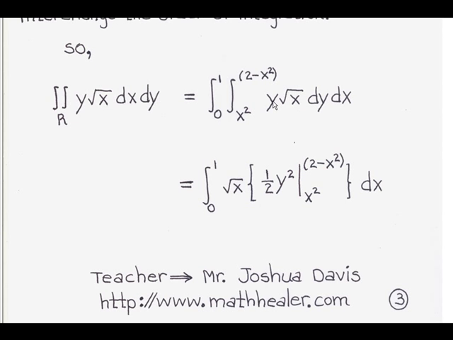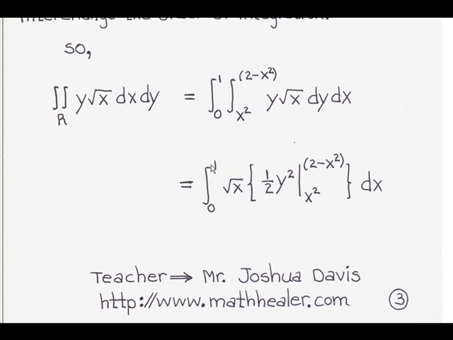So going to the next line, the integral of y with respect to y is 1/2 y squared, and the bounds of integration go from x squared up to 2 minus x squared.